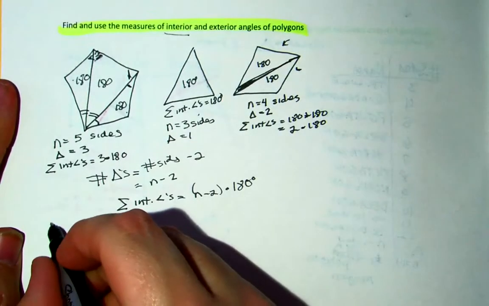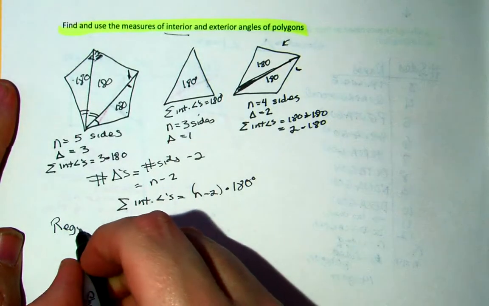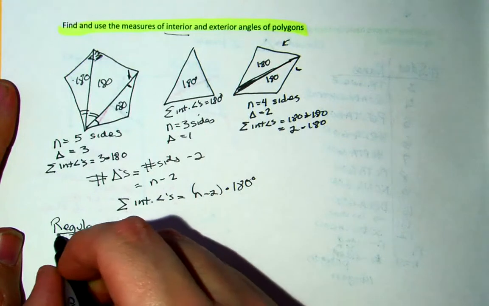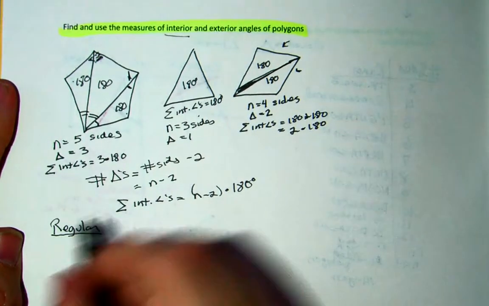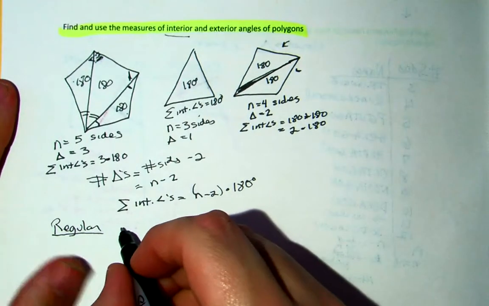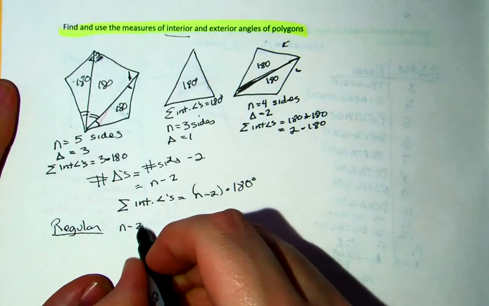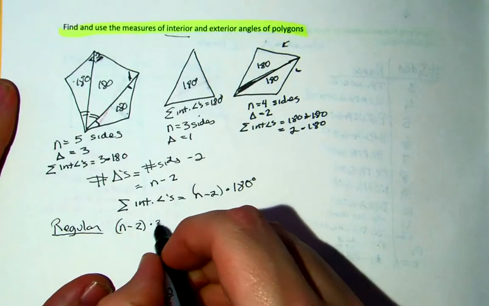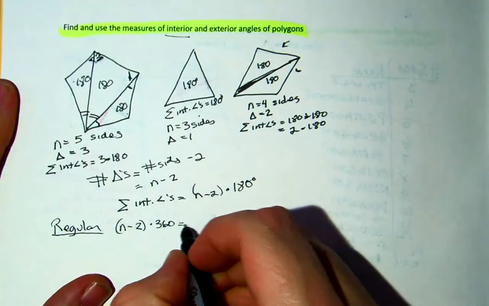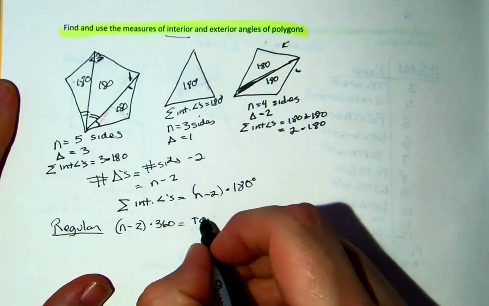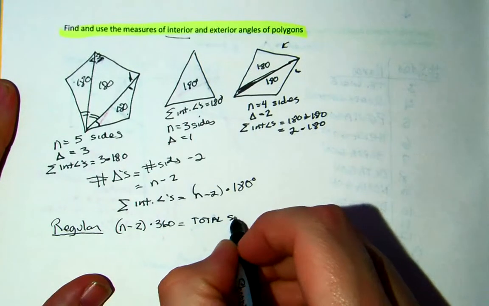So now if it's regular, you're going to do the same thing. N minus 2 times 180 will be equal to the total sum.